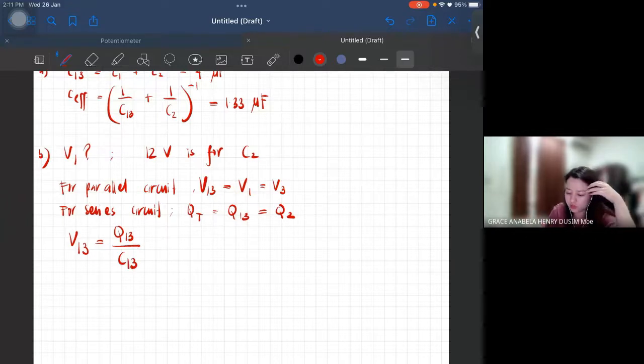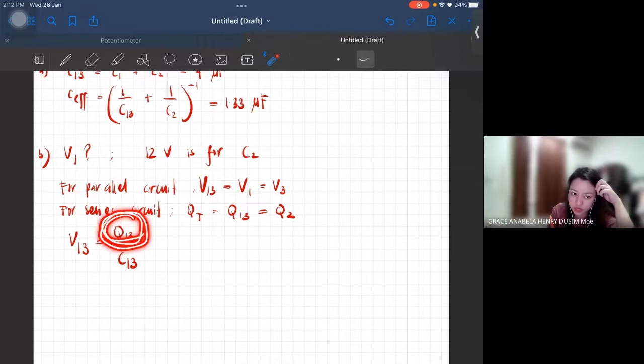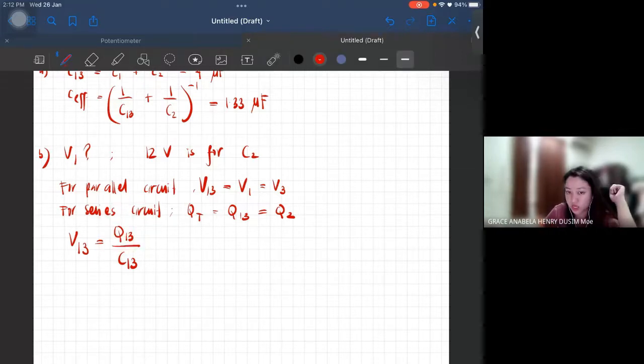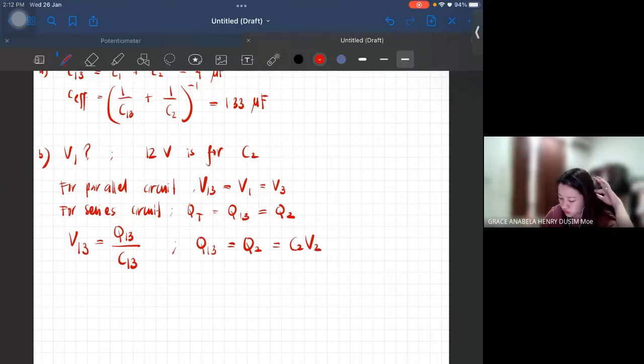However, what we do not have is the charge, so we have to calculate Q13. Q13 is also equal to the charge at capacitor 2, which can be calculated using C2 V2. From here you are going to get 24 microcoulomb.